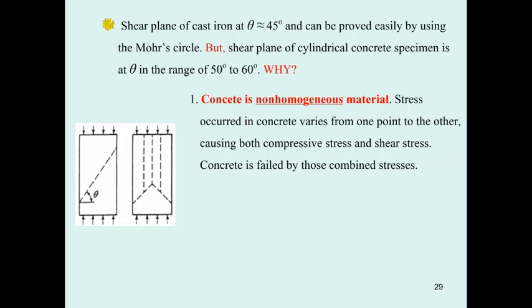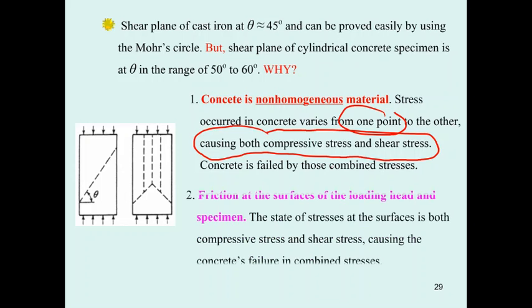Why? Because the concrete is a non-homogeneous material. It has sand, cut stone, and cement paste, so the stress at a point will differ from one another. This causes both compressive stress and shear stress, due to the difference in material, and the failure will be due to the combination of these stresses.